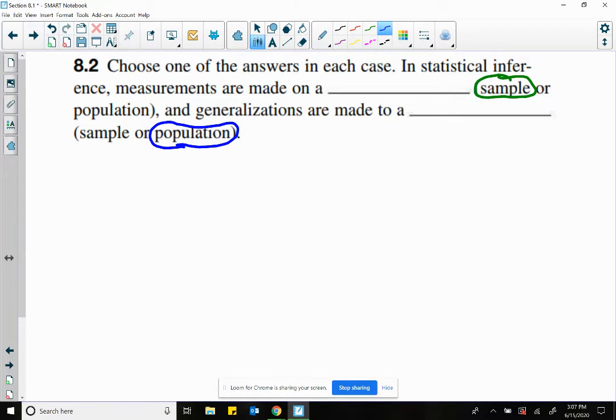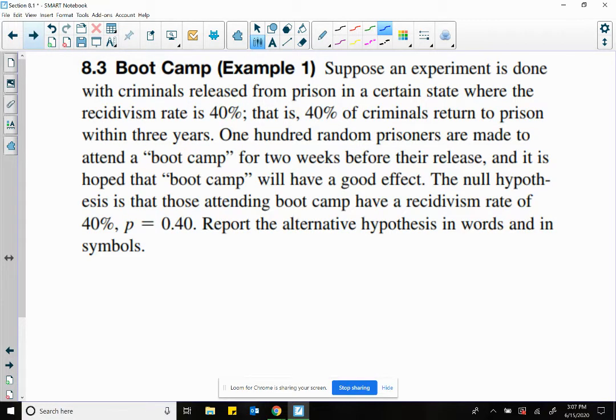All right. So now let's jump into actually talking about null hypothesis and alternative hypothesis. So in here it says, suppose an experiment is done with criminals released from prison in a certain state where the recidivism rate is 40%.